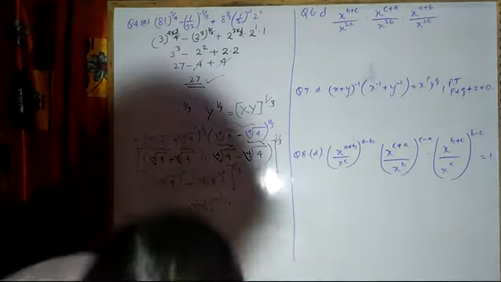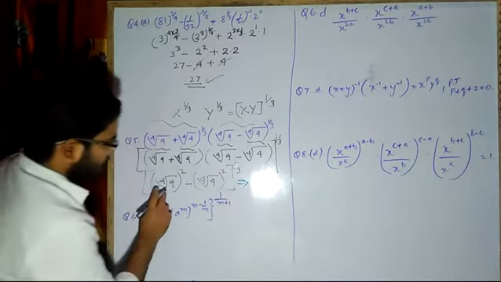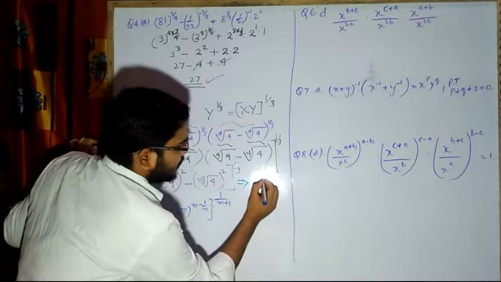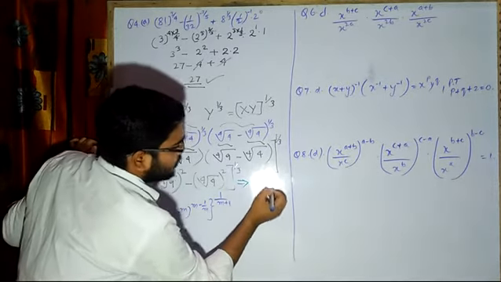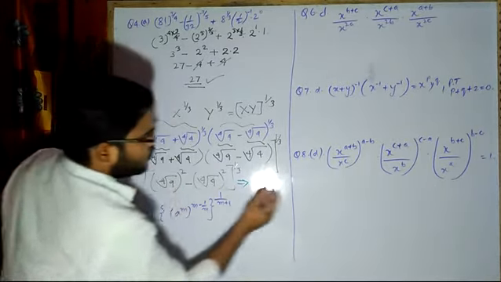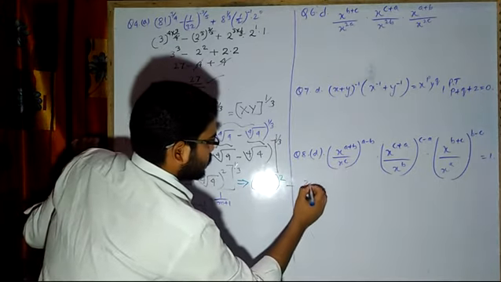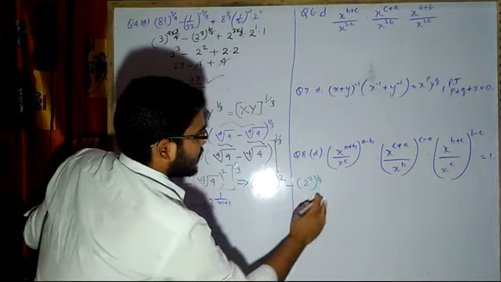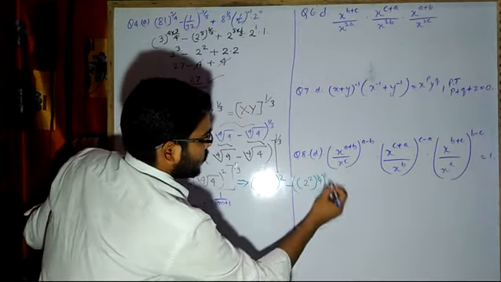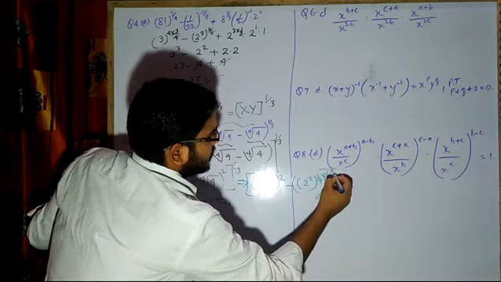Now this can be very easily written as, if you break this, what you will get? 9 will be written as 3 square and then this will be into 1 by 4. Correct? And then this 2 is already there. So again I will write 2 minus 2 square raised to the power 1 by 4 and then again square, and this whole is raised to 1 by 3.